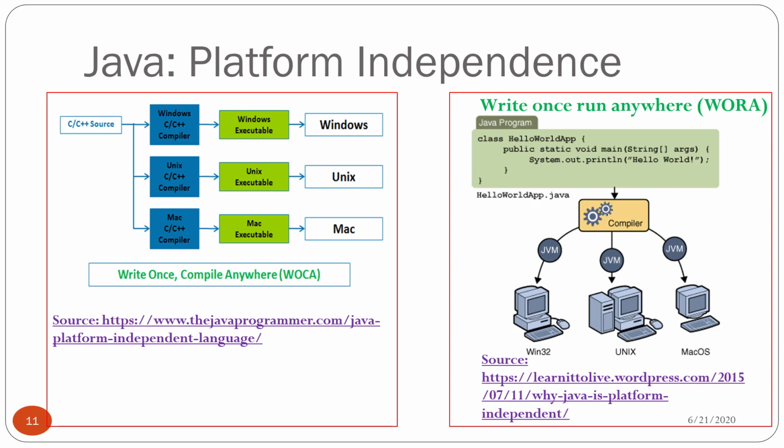So the result of the compilation is right here. Instead of generating executables which are specific to the operating system, what the Java compiler does is generate intermediate code, which is a bytecode, right?